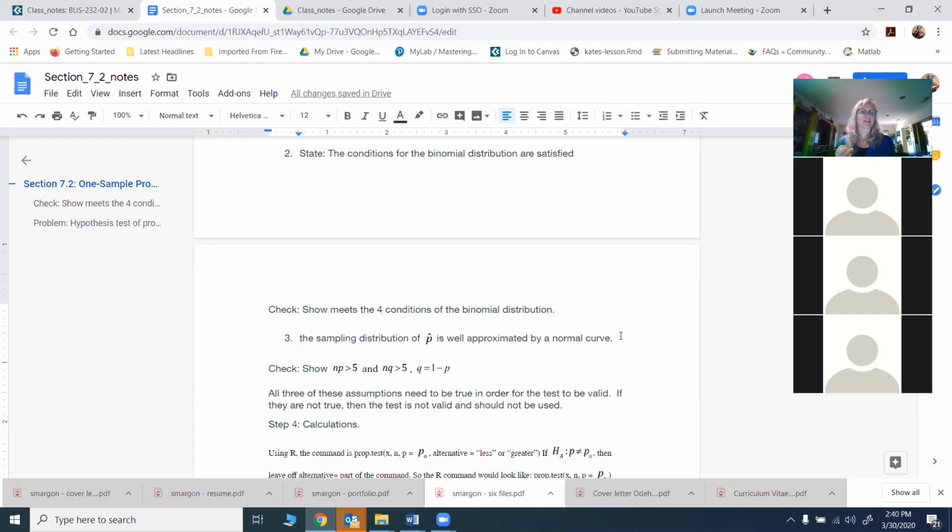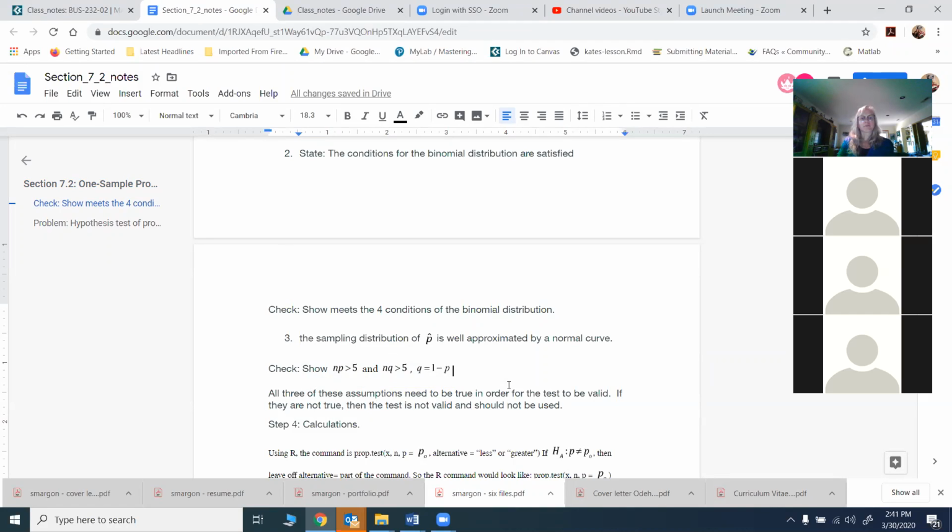This is where we're collecting qualitative variables, so you're not going to be able to plot anything. In this case, we just look at whether we have a big enough sample. So you look at your N, which is how many trials you took, times your probability, whatever that probability is. You see if it's greater than 5. Do the same thing with N times Q, where Q is just 1 minus P. And that just makes sure you have a big enough sample.